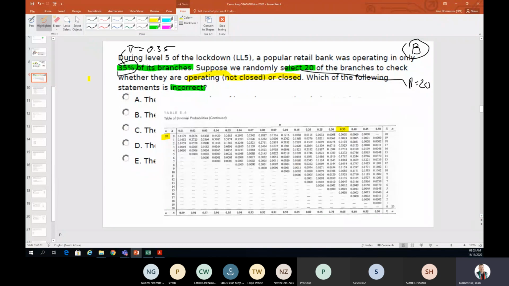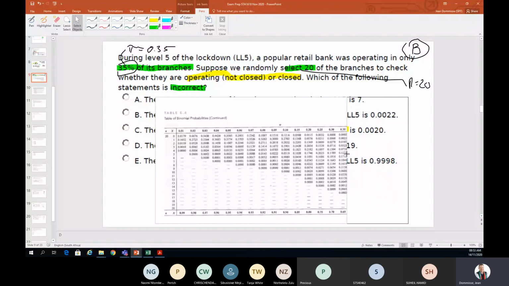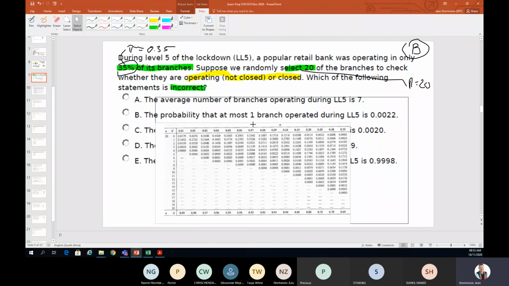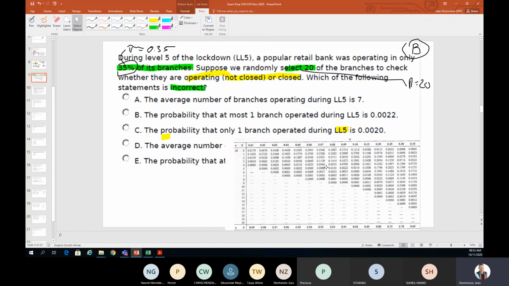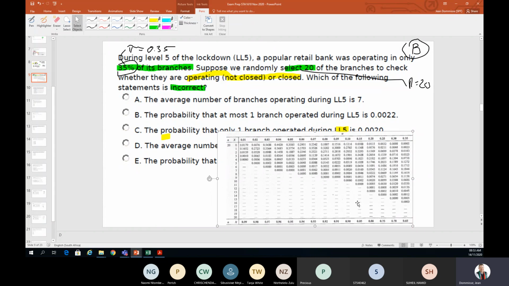Okay, so the average number of branches operating at this level is 7.